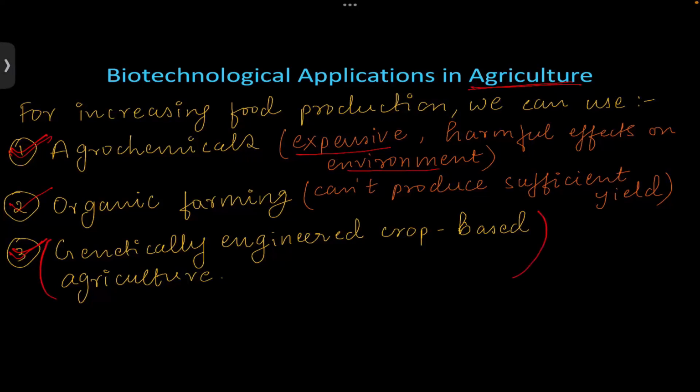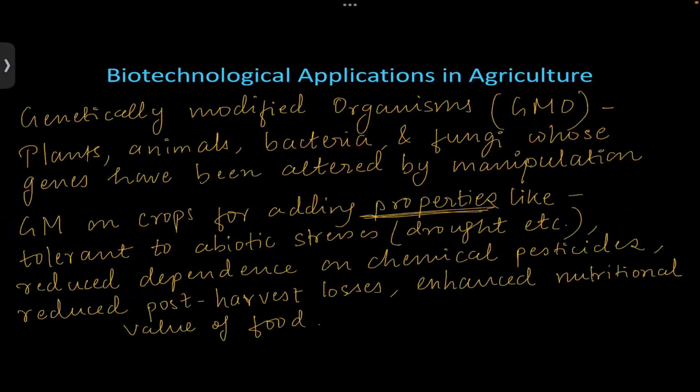crops. There are institutes in India and abroad who are studying how to genetically modify various varieties of crops and ultimately improve their properties. Before going into which properties of crops are improved, let us understand what we mean by genetically modified organisms, or GMO.